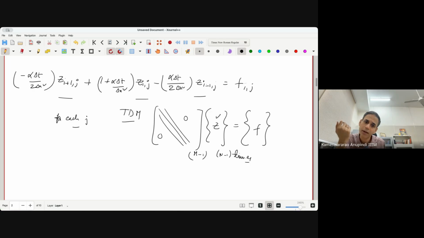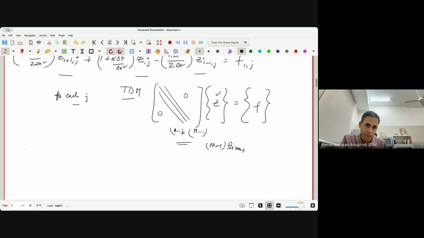That is much easier than actually solving the m minus 1 times n minus 1 by m minus 1 times n minus 1 matrix. Okay, so this is only going to be an m minus 1 by m minus 1 system, and then we have to do it n minus 1 times because we have to do it for each j.